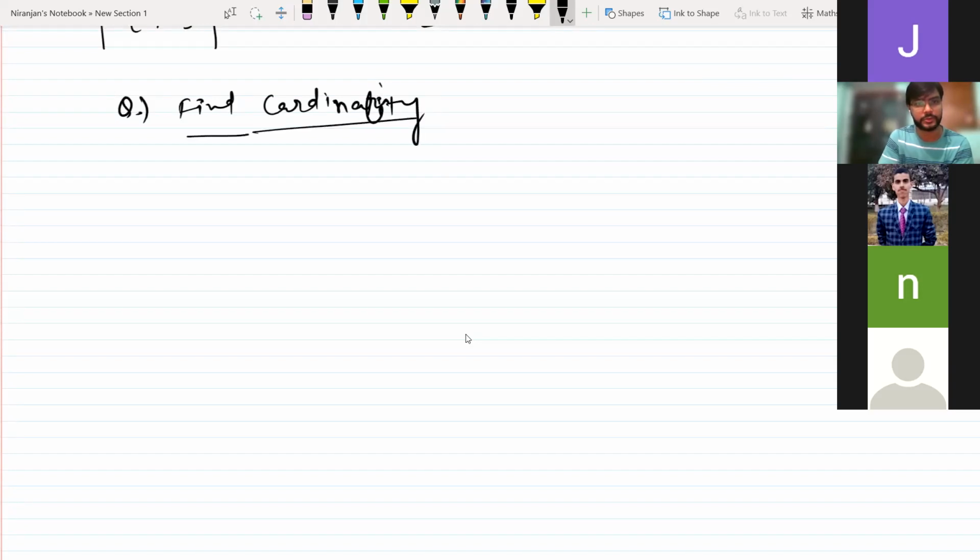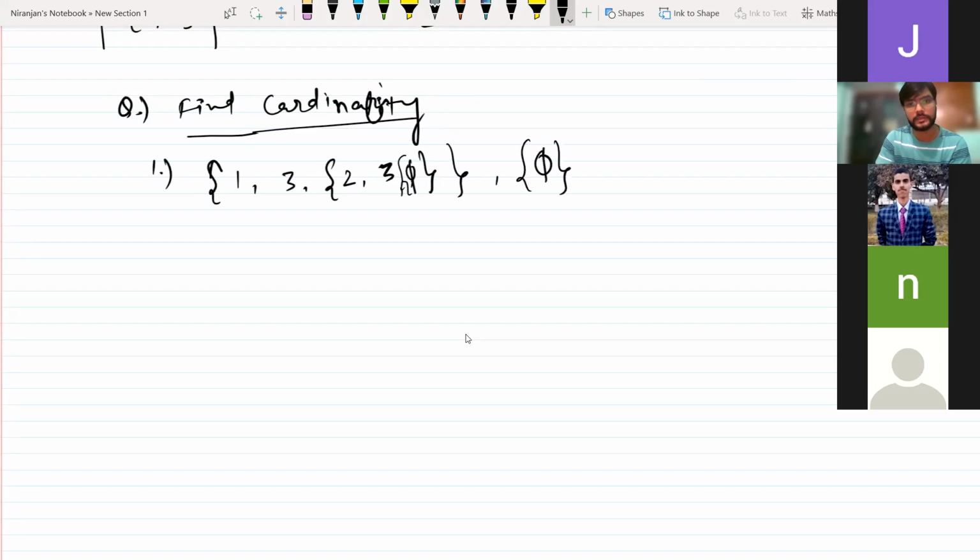I'm sure you all have understood this is cardinality. The set is 1, 3, 2, 3, 5, comma 5.